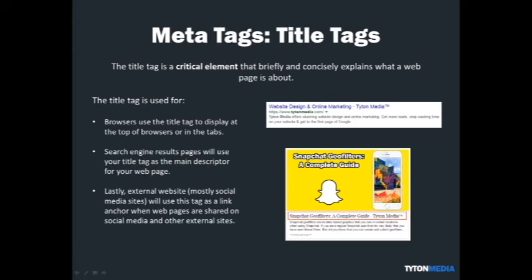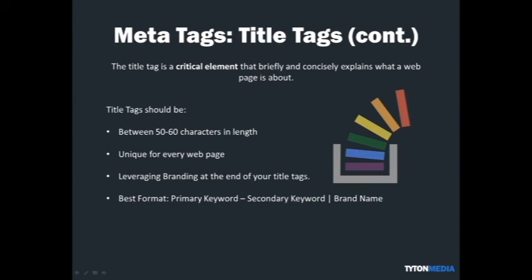This way you can get some brand recognition while also incorporating your main and secondary keyword into the title tag. So here is the format that we were talking about before, and kind of the TLDR about title tags.